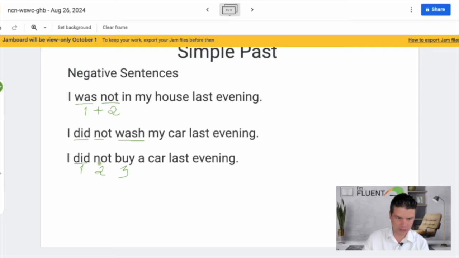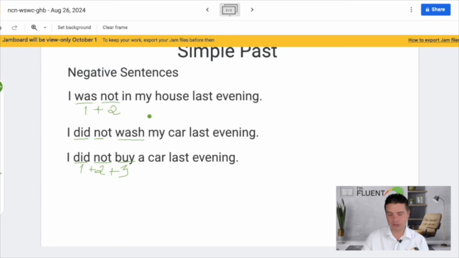So did not buy or didn't buy. It's exactly the same. I hope that you are trying to understand this. I'm trying to give it in the simplest manner, because this can be kind of confusing. But after practice, believe me, it's not going to be anymore.